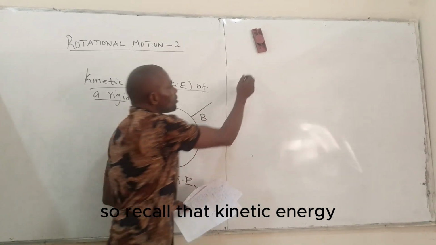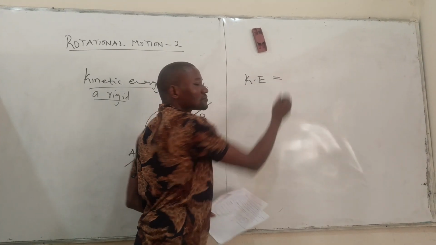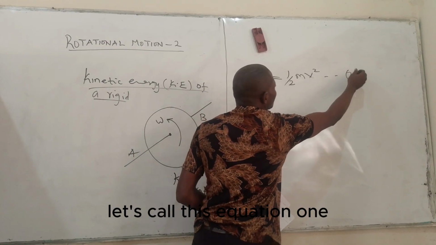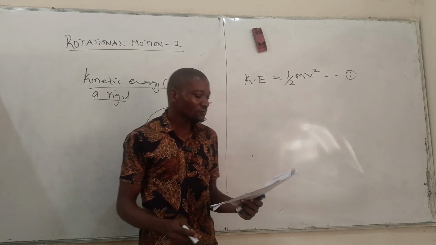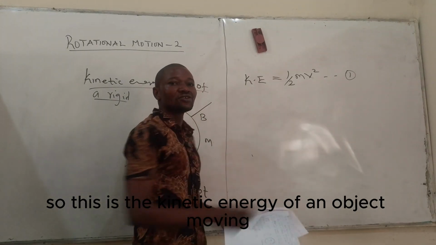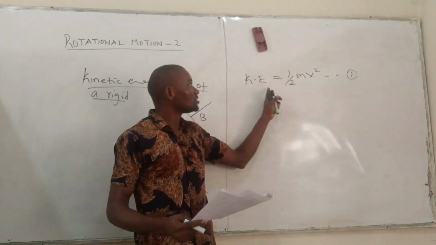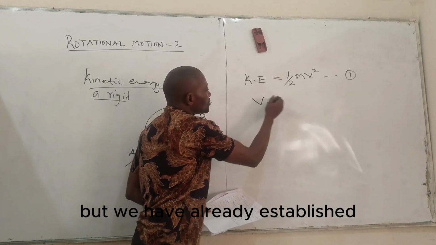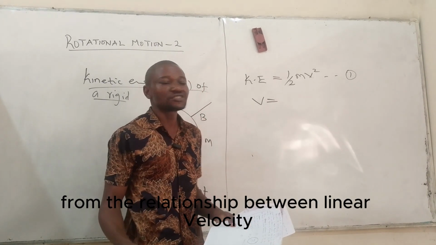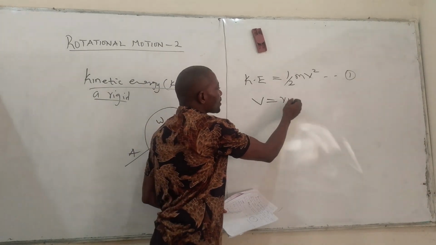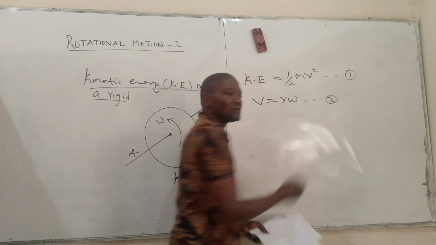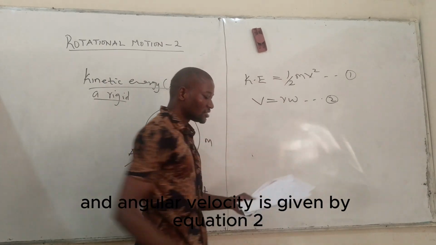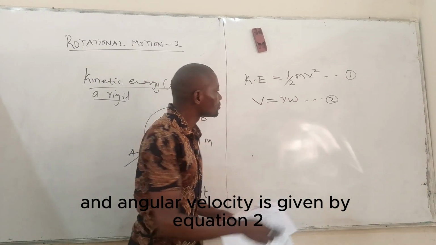So recall that kinetic energy is given by, let's call this equation 1. This is the kinetic energy of an object under linear motion, moving on a straight line. But we have already established the relationship between linear velocity and angular velocity, given by equation 2.